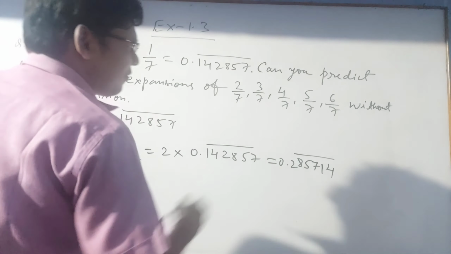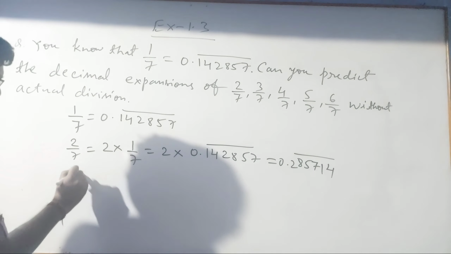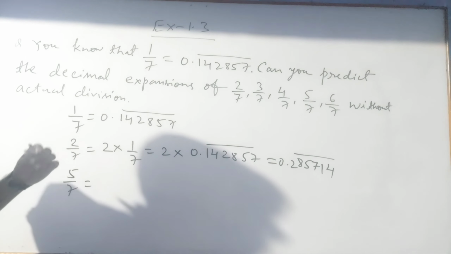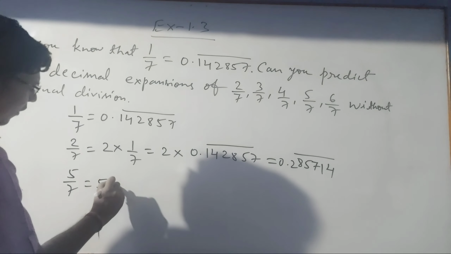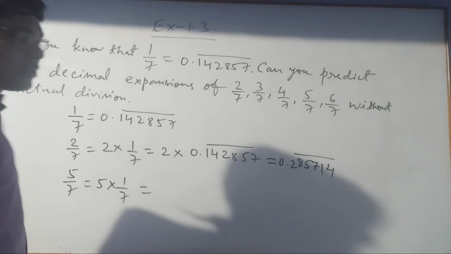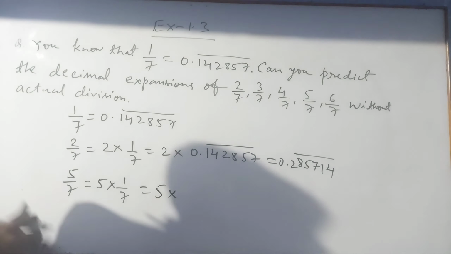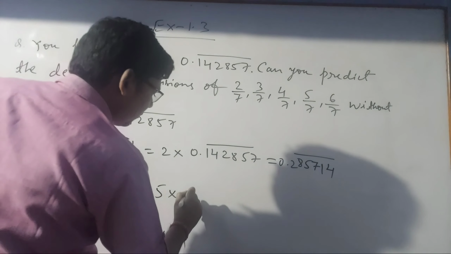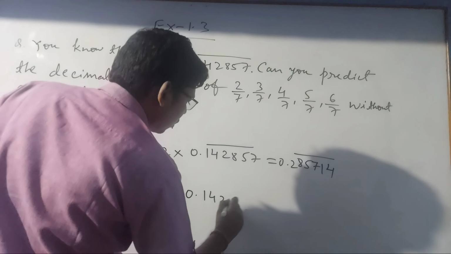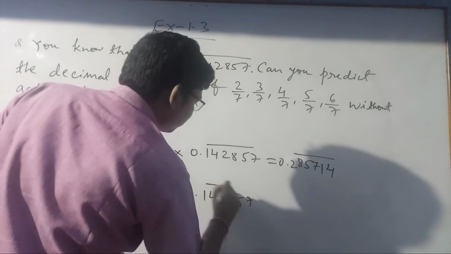Similarly, you can take any value. Suppose I take 5/7. We can write it in the same manner, 5 into 1/7, and the value of 1/7 we already have, 0.142857.